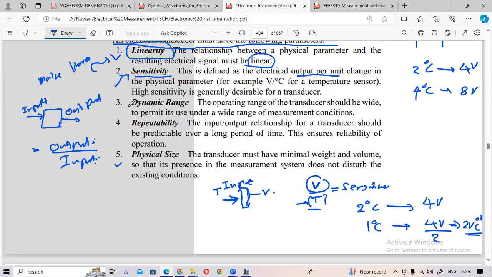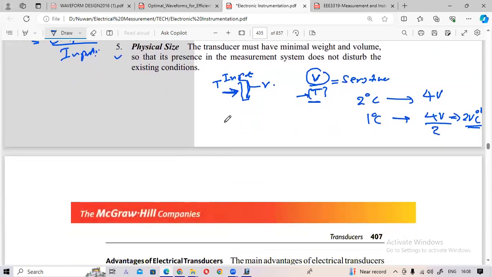What is dynamic range? Dynamic range means operating range. You know that for any sensor, for example, again we take the temperature sensor, you have a temperature range. For example, maybe it is from 2 Celsius to 100 Celsius.